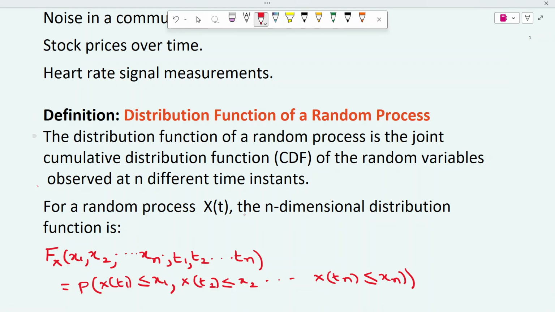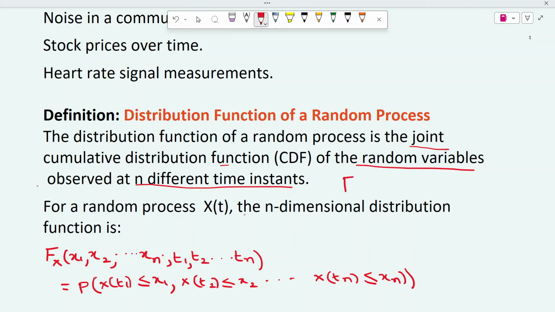The distribution of a random process is the joint cumulative distribution function, because we are having the random variables at different instants of time. So that is why it is defined as the joint cumulative distribution of the random variables that are observed at n different time instants.